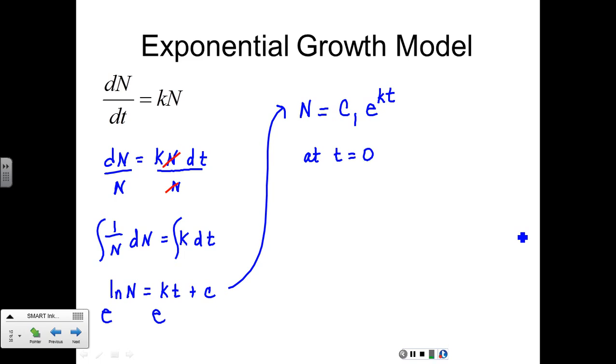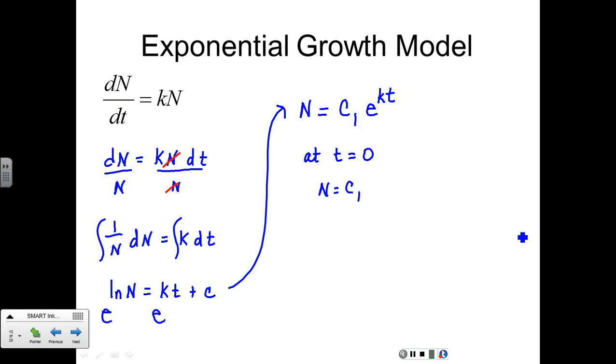Before the whole thing starts, before any of the process begins, before I put the little bacteria together in the same Petri dish, N equals C1. If I let t be 0, N would equal just C1.